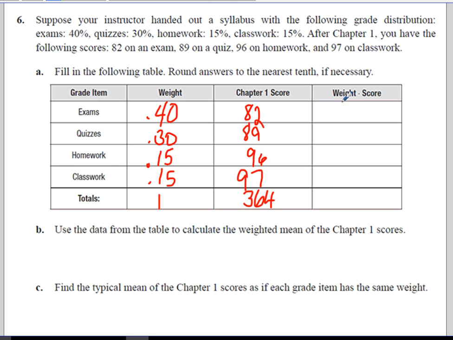And now our weighted score, notice it's the weight multiplied by the score. So 0.40 times 82 will give us 32.8. Quizzes is 30%, so 0.30 times 89 will give us 26.7.